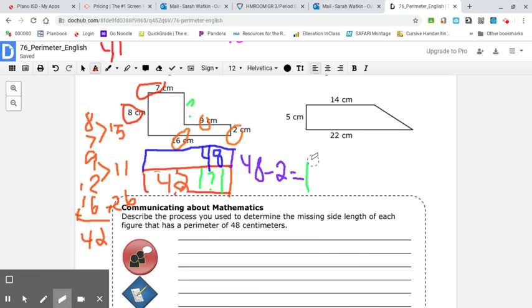I don't know where I got 2 from. It's 42. 48 minus 42 equals 6.